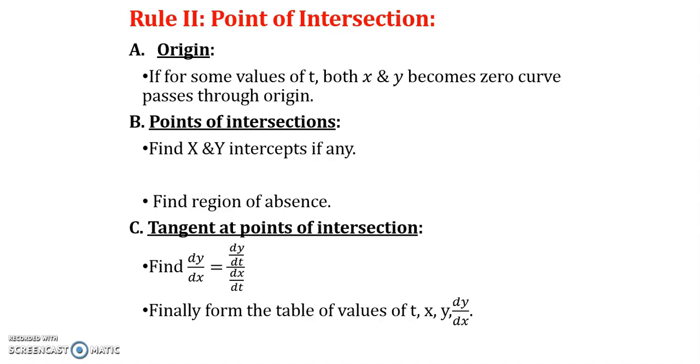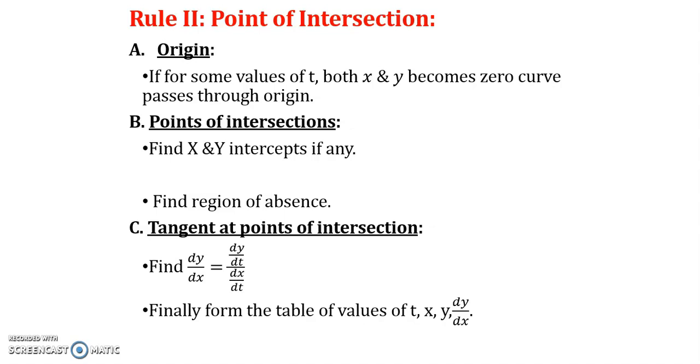If we consider x equal to 0, we find the corresponding value of t, then substitute that value of t in y, so we get a specific value for y. That will give us the y-intercept. Same is the case with the x-intercept. We take y equal to 0, find the value of t, substitute in x, and we get a non-zero value for x.